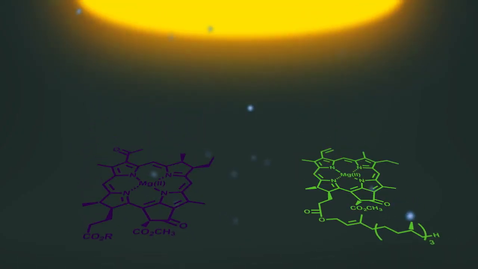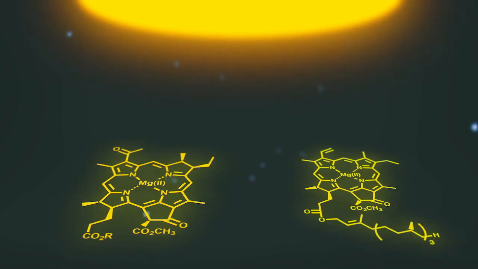Vitamin B12 and factor 430 would have been used very early on in evolutionary terms, and they are used extensively in methane and single carbon metabolism, which would have been some of the earliest biochemical processes. Bacteriochlorophylls and chlorophylls capture light for photosynthesis. Bacteriochlorophylls are more reduced than chlorophyll and are only able to be used in anoxygenic photosynthesis.